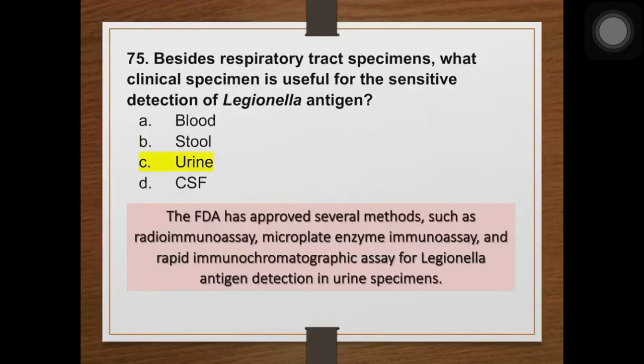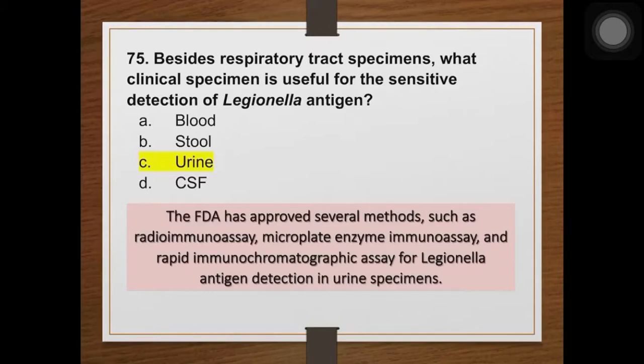Number 75, beside respiratory tract sample, what clinical specimen is useful for sensitive detection of Legionella antigen? Legionella, example Legionella pneumophila, associated with Legionnaires' disease, a form of pneumonia, and Pontiac fever, a mild form of Legionnaires' disease.